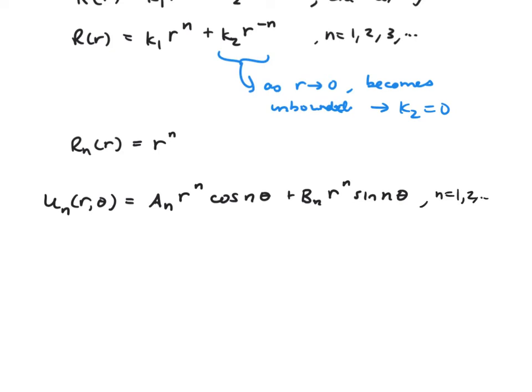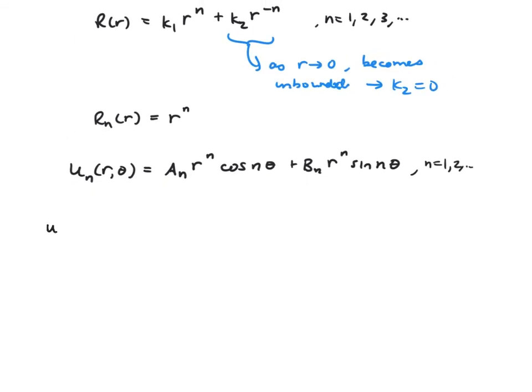And finally, u of r theta is the superposition of all of my solutions. It's the sum of all of these solutions I've found. There's the constant one you remember that came out, and again I'm going to label this in a particular way in order for the coefficients to be consistent.